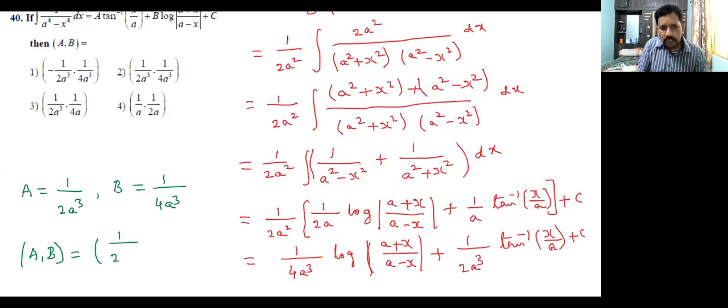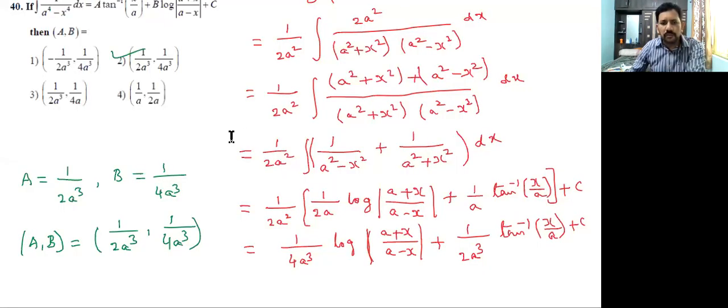See the options: 1 by 2a cube comma 1 by 4a cube. This is the answer. The second option is correct. And remember these formulas. If you know the formulas, you will get the answer, otherwise it is difficult.